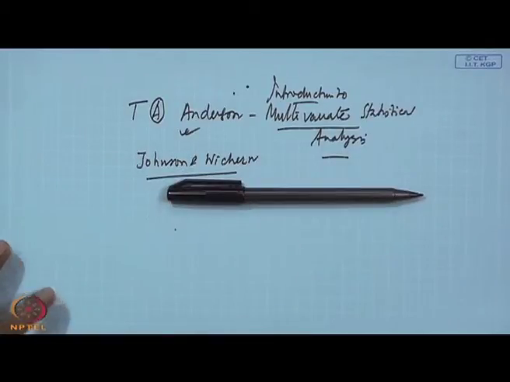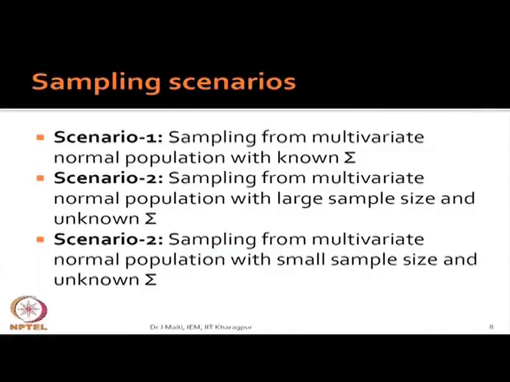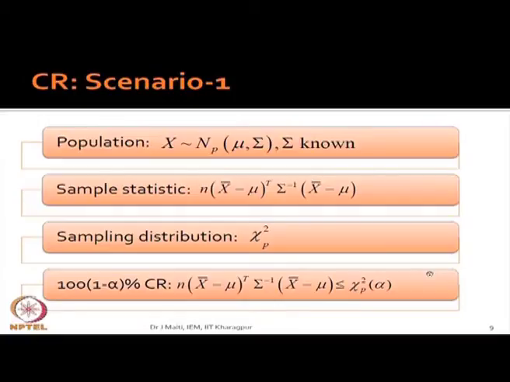Scenario 2 and scenario 3. So, you write down this one as scenario 3: sampling from a multivariate normal population with small sample size and unknown sigma. For scenario 1, the sample statistic is n times x bar minus mu transpose, sigma inverse, x bar minus mu. Because we know sigma, we straightaway use this one.